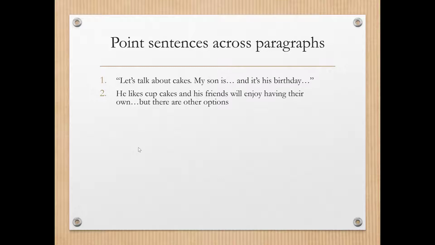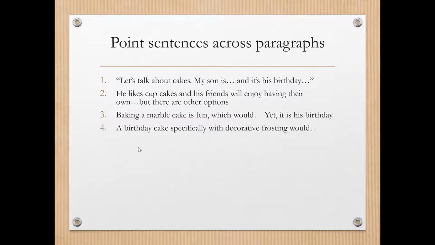In this particular case, his friends at the birthday party would enjoy having their own cakes. Of course, at the end of that paragraph, he might say, well, there's other options. Let's look at these other options. A marble cake is fun if you're baking it, which he might choose to do with his son. At the same point, it's his birthday, so you might end up having a chain at the end of this third paragraph to lead into why a birthday cake, perhaps with decorative frosting, might be more appropriate.